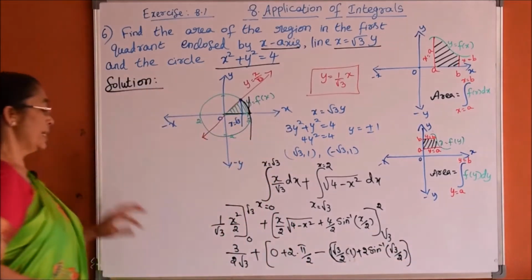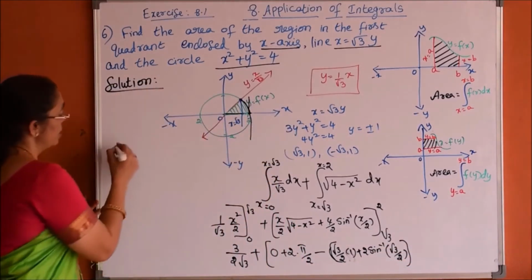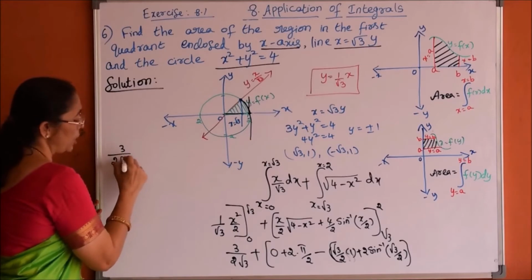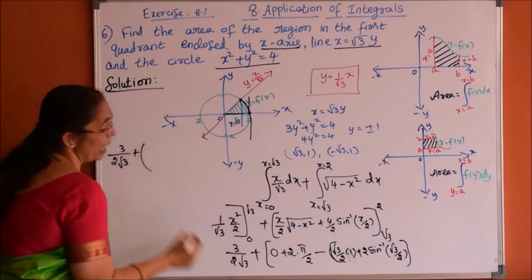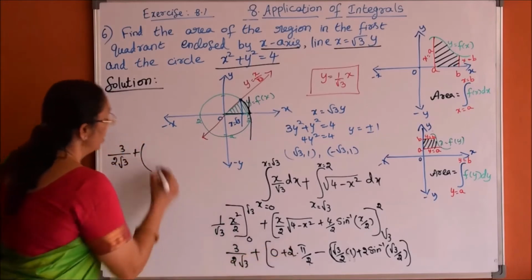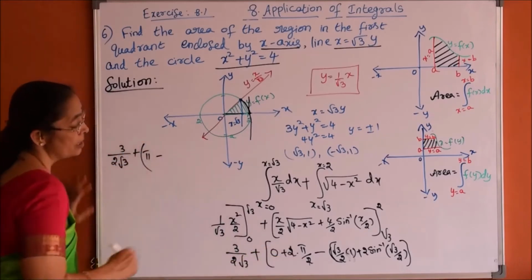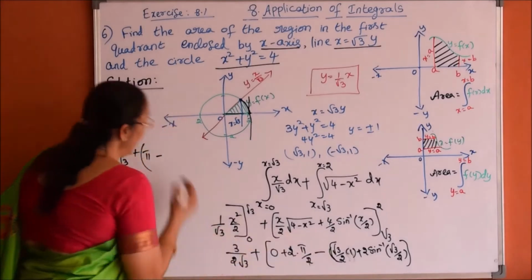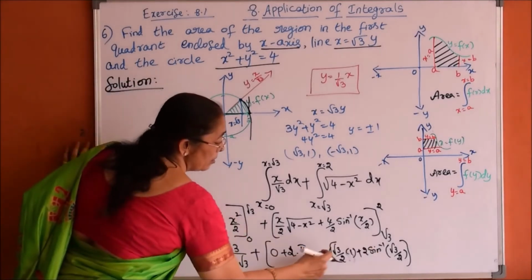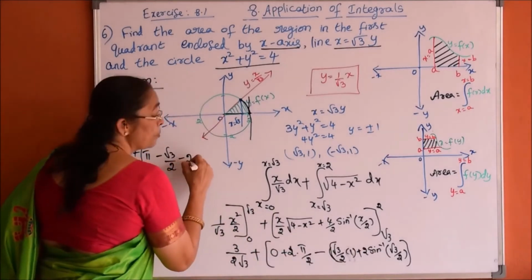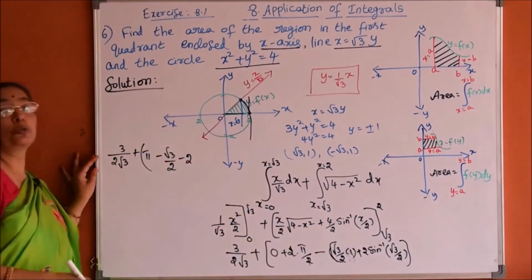Fine. Now, the simplification is 3 by 2 root 3 here, first term, plus within this bracket these 2 get cancelled, pi minus, this negative sign I will take inside, minus root 3 by 2, then this term is minus 2 into sine inverse of root 3 by 2.